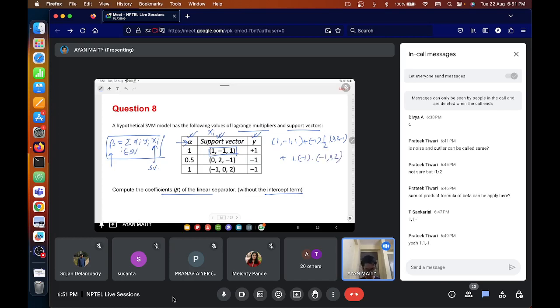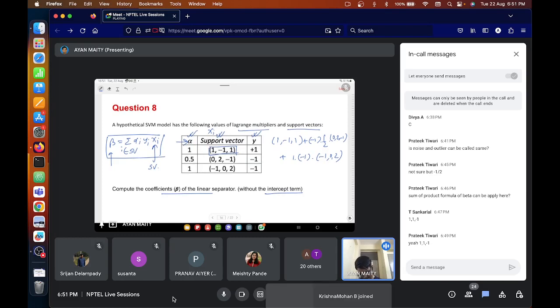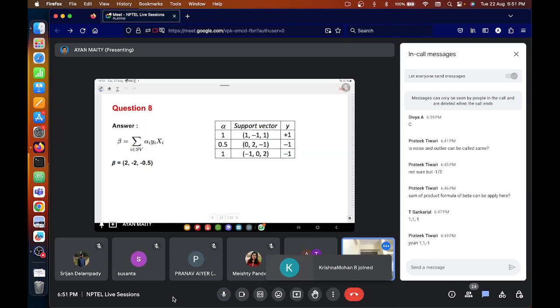So basically you have to compute this. I think this should be the answer, 2 minus 2 minus 0.5.